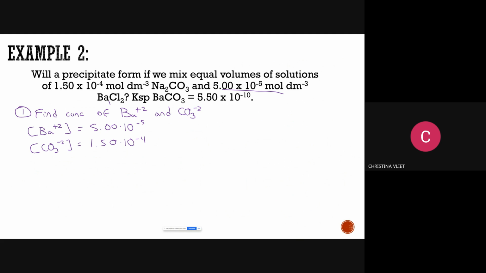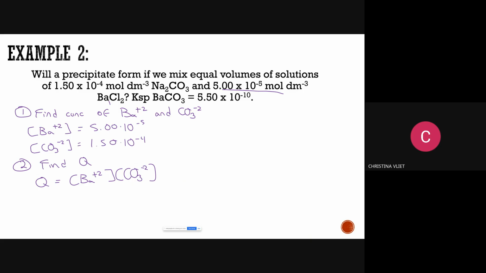After we find our concentration of each, we have to find Q, which means what? You have to find both concentrations. Q equals, take this and multiply by this, the same as the K expression. They're easy ones to do.